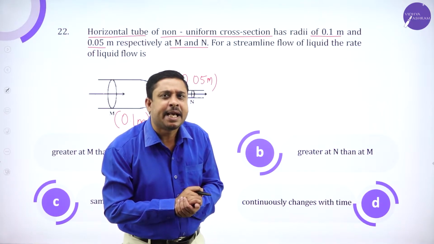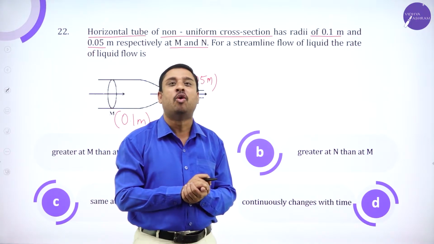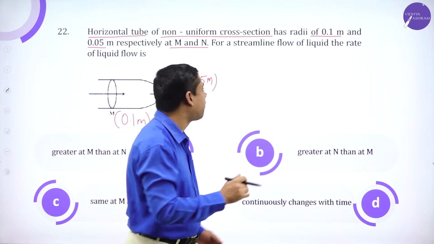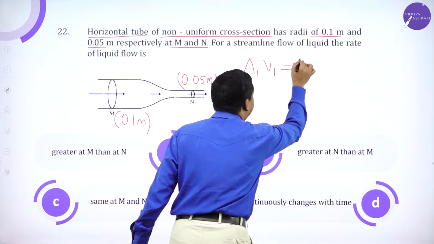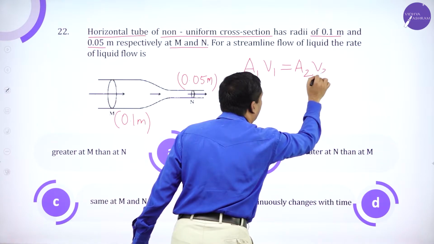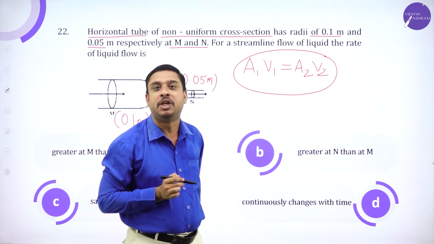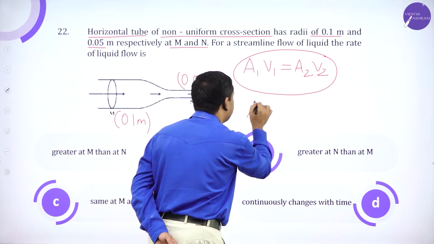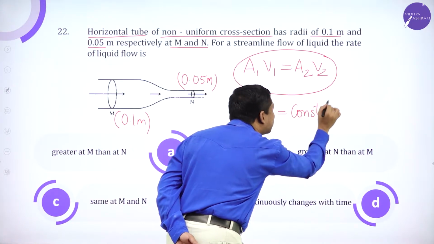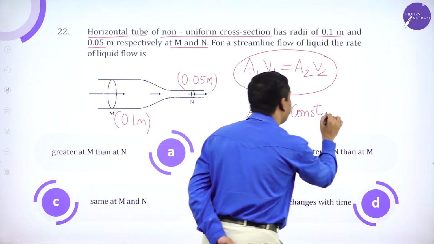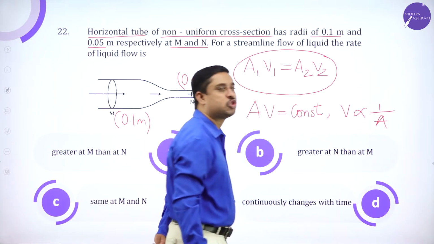Anywhere can I equate area of a tube with velocity of flow? Very good. Equation of continuity, which told A1 V1 is always A2 V2. This is called equation of continuity, from which A into V is always a constant. And this implies velocity is inversely proportional to area.